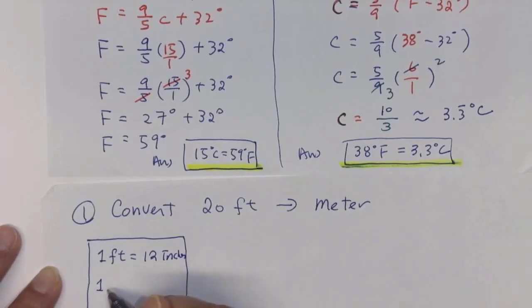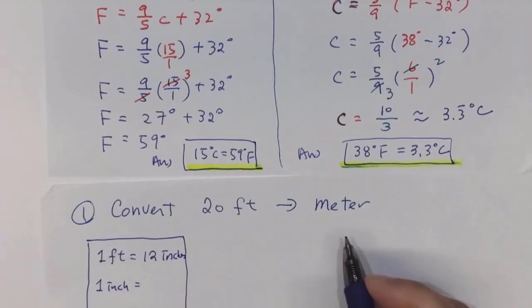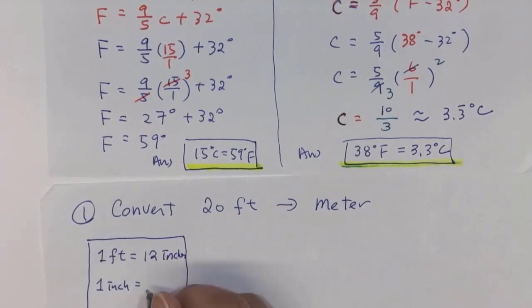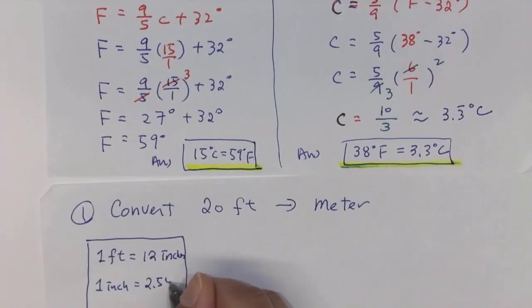And 1 inch can equal to something linked to the metric system. It's on your handouts. It's boxed in and very obvious. 1 inch equal to 2.54 centimeters.